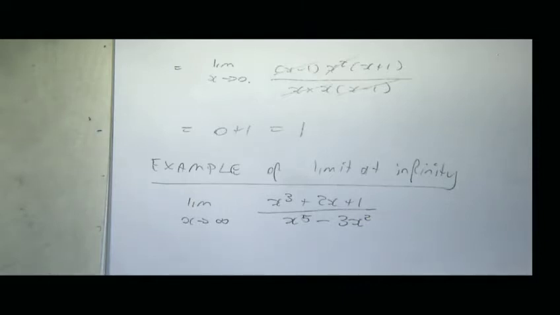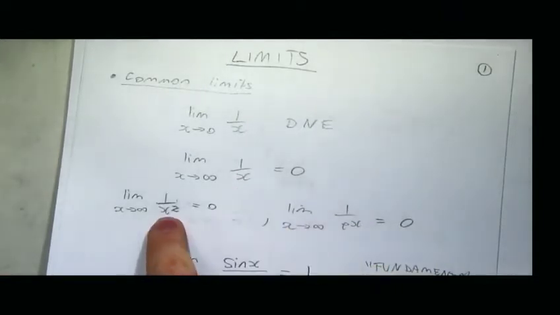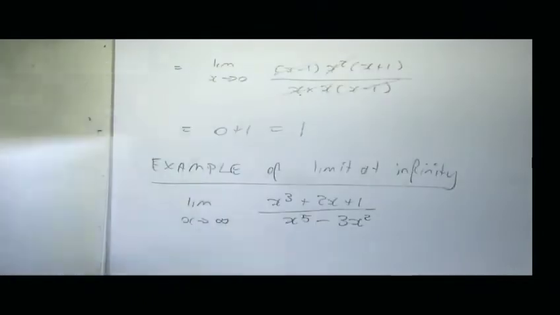Okay, first up. But the key is that the only limit that we really know at infinity is that one. Possibly its friends, 1 over x squared and 1 over x cubed and all of those. Okay, so I should convert this to include the only infinite limit I really know.